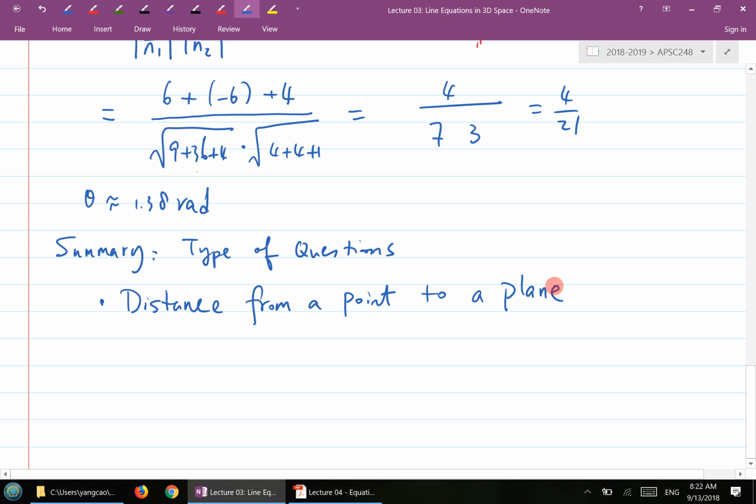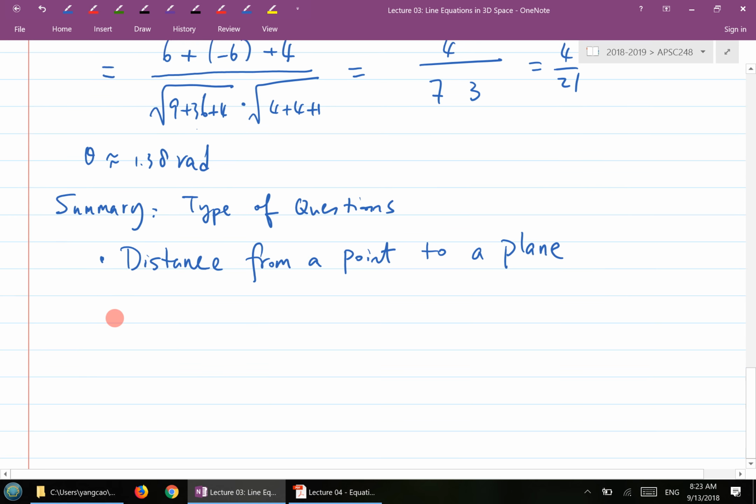I should say the shortest distance from a point to a plane. I presented one approach in the lecture notes. There's another approach. You can take a look at it. And when we learn the line equations, we'll have a similar question. What will be the distance between a point and a line?